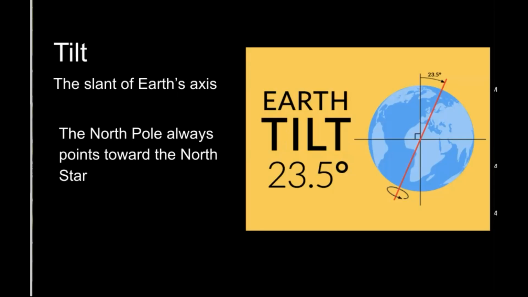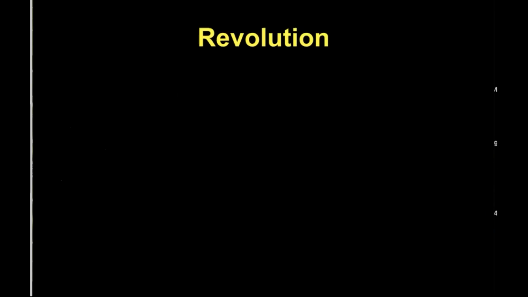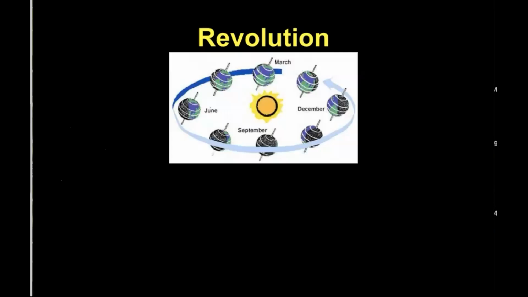Okay. Armand? Revolution. Okay. So the fancy word for orbiting is revolution. Revolving, Angelica mentioned, same thing. So when the Earth goes around the sun, it's going to what we call revolve, revolution.